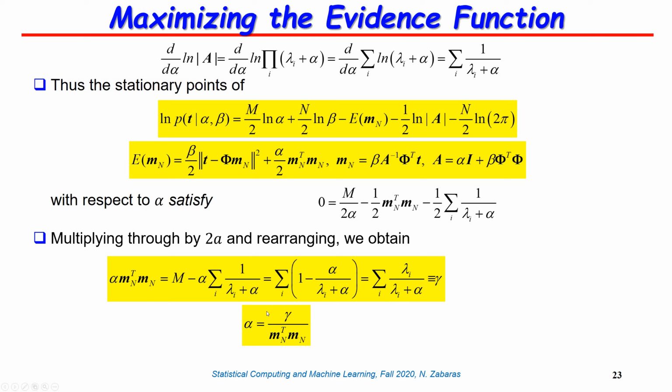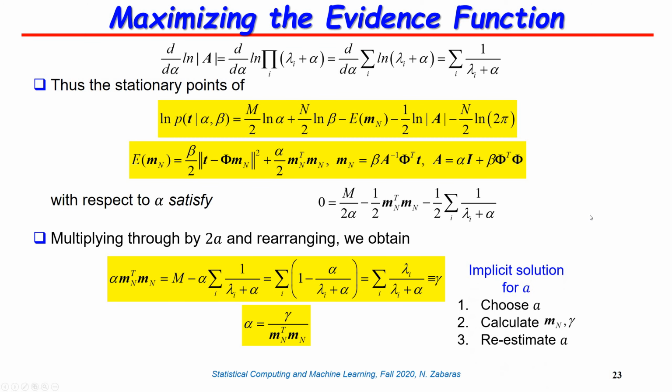And you can see this equation is not directly useful unless you start doing iterations, because gamma itself depends on alpha, and as we saw, mN depends on the matrix A that depends on alpha. So you need to really do an iterative implicit calculation where you choose an alpha. If you choose an alpha, you have a matrix A. If you have A, you have an mN, and you have the eigenvalues lambda i. So for that chosen alpha, you can compute gamma.